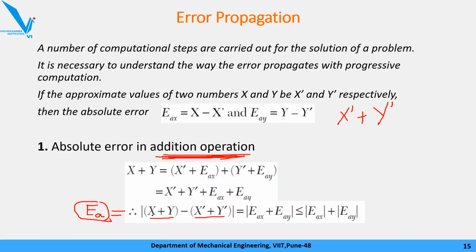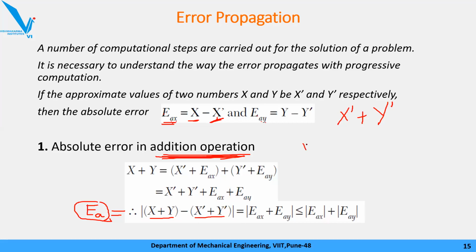So the true value is capital X plus Y, and the approximate values are X dash and Y dash. Now here I'll put X dash equal to capital X minus the error in X. This is read as absolute error in X value, and this as absolute error in Y value.